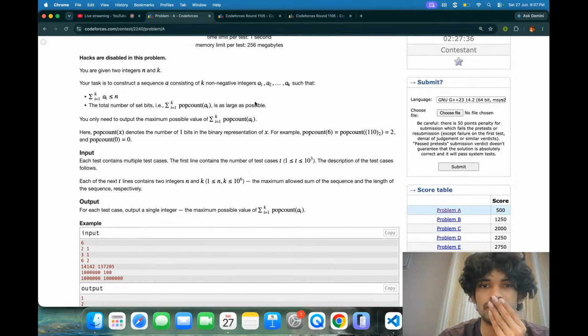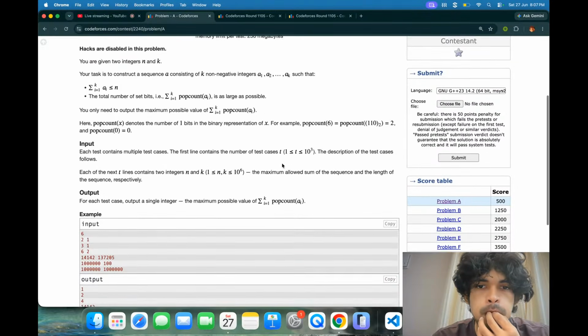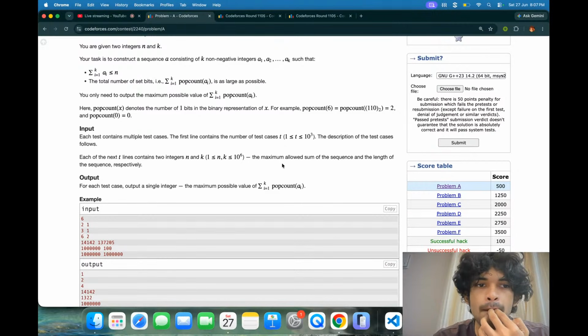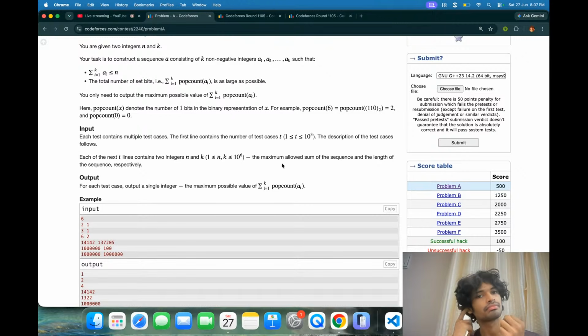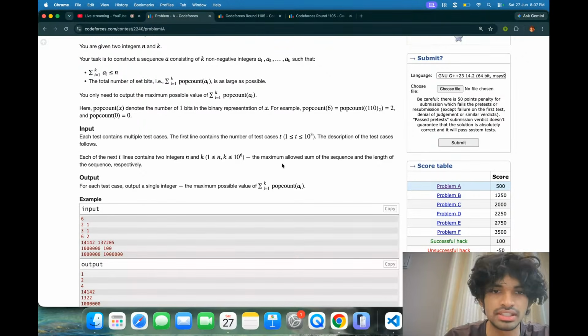Have k non-negative integers. So you have k of these positions, right?